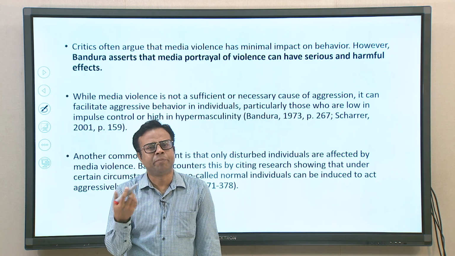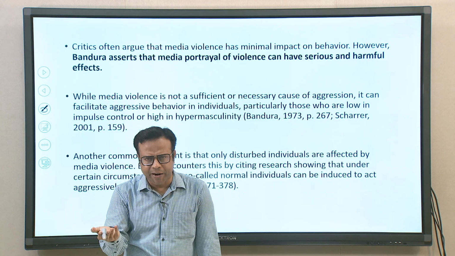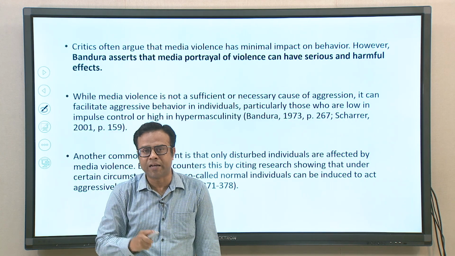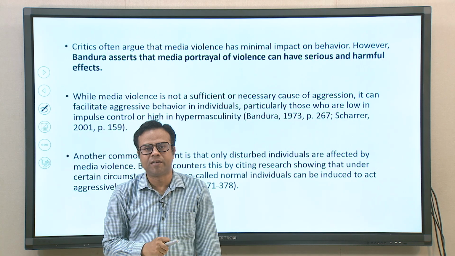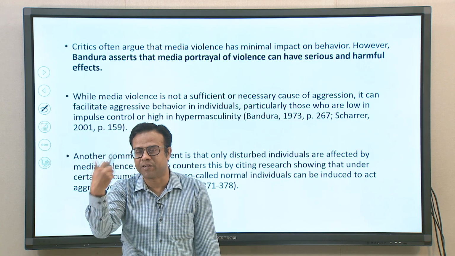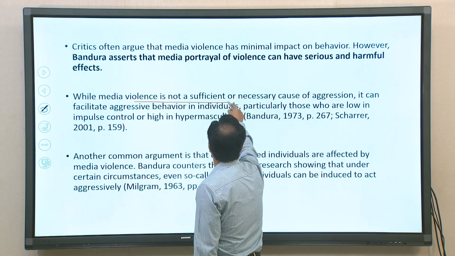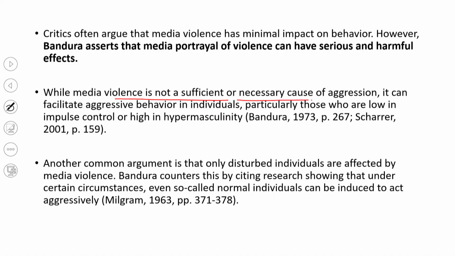Critics often argue that media violence has minimum impact on behavior. However, Bandura's research on observational learning clearly says violence can have serious and harmful effects. While media violence may not be a sufficient or necessary cause for many aggressions, it can facilitate aggressive behavior in individuals, particularly those who are low in impulse control or high in masculinity.